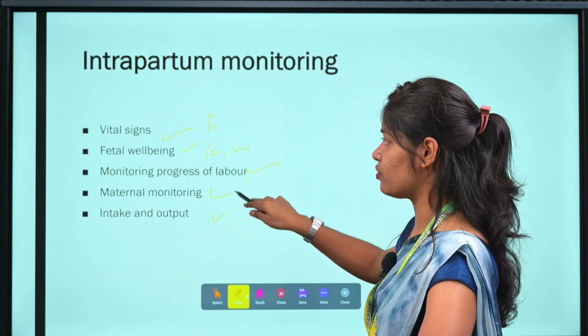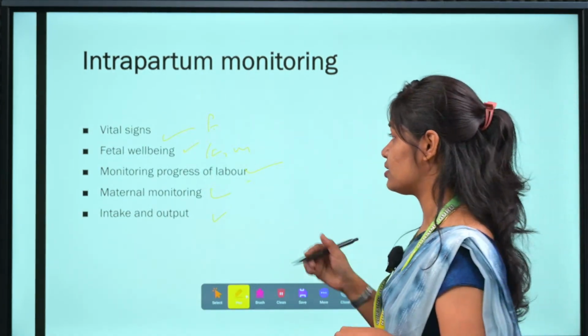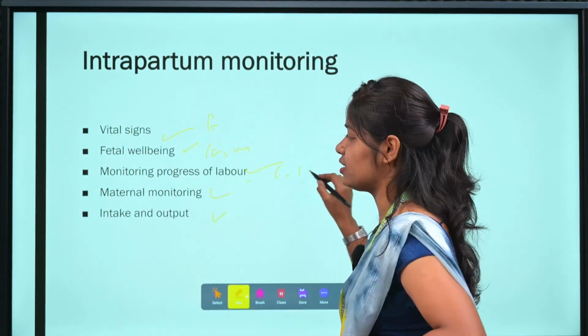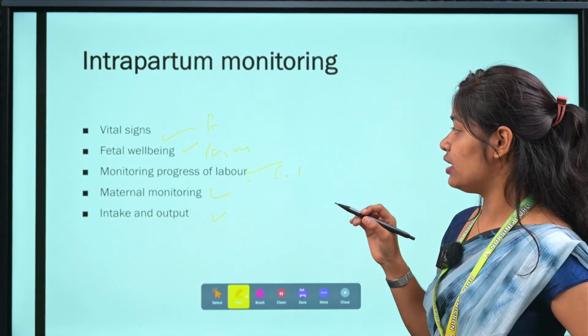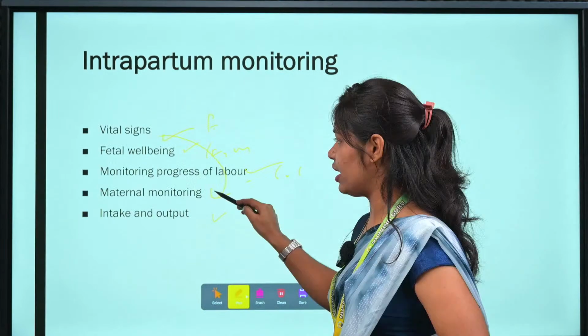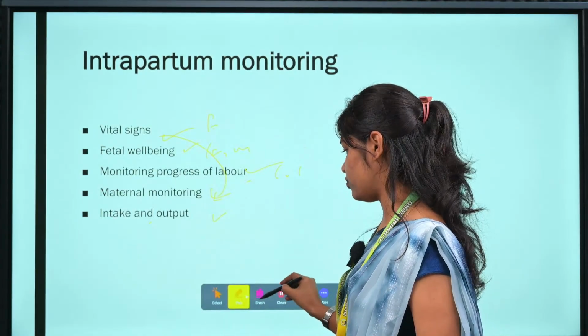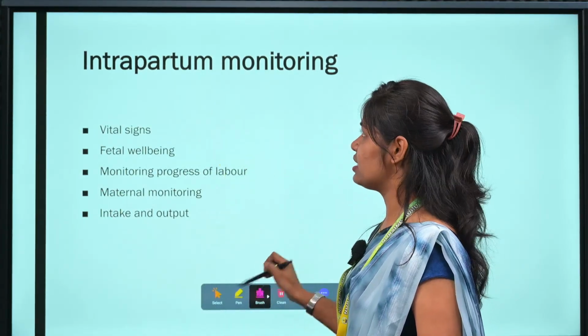Monitoring progress of the labor: here we assess the cervical dilatation and the cervical effacement. Then maternal monitoring: we assess the weight and vital signs of the mother. Then last, intake and output of the mother we assess in the intrapartum.